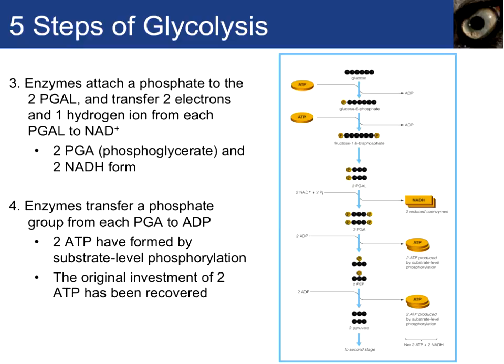So the term substrate level phosphorylation just means not from the electron transport chain. So again, you're investing 2 ATP to form 4 ATP in this situation, and so therefore you have a net of 2 ATP and 2 NADH from glycolysis.